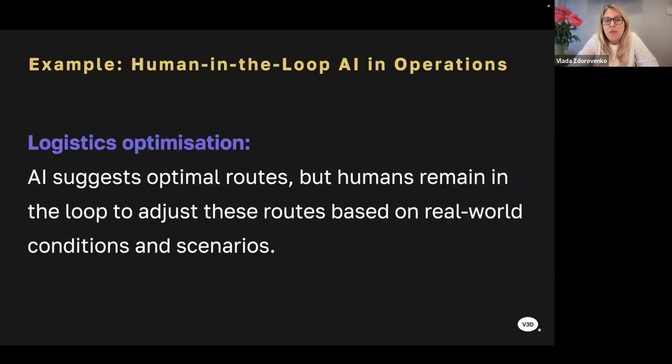As an example of human in the loop, AI suggests optimal routes and in this system, the human remains in the loop to adjust these routes based on real world conditions and scenarios. It helps to get better decisions based on the context and using the best from technology.